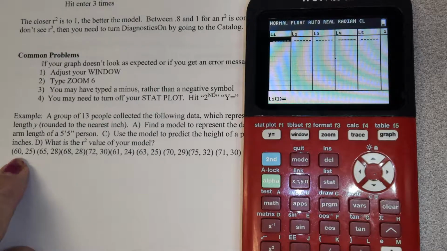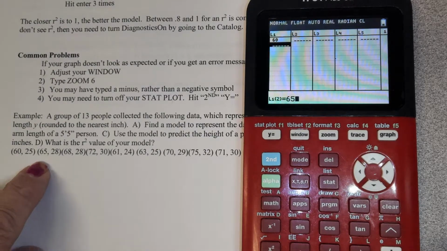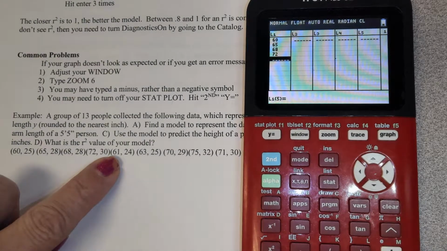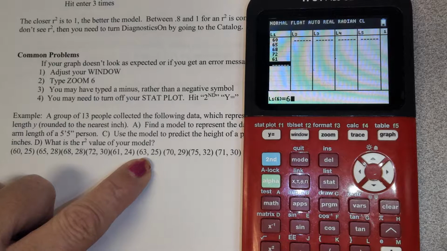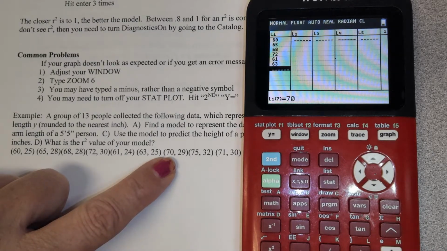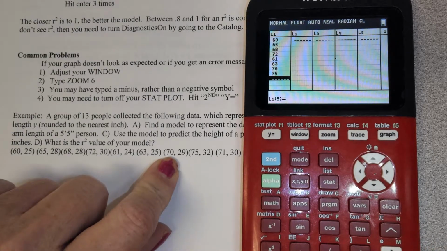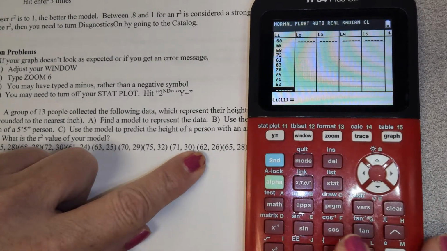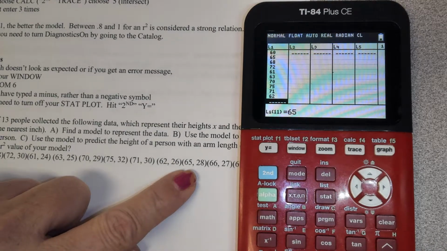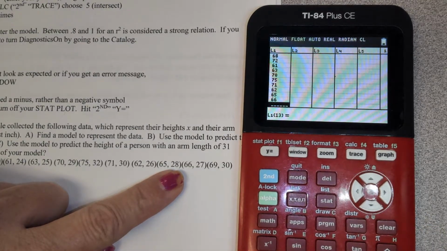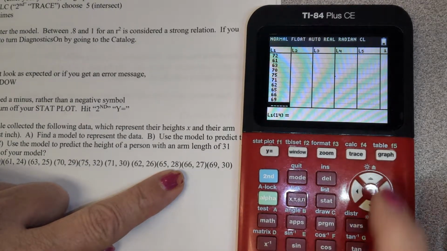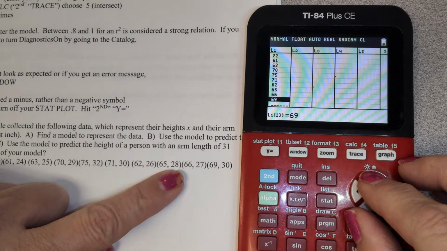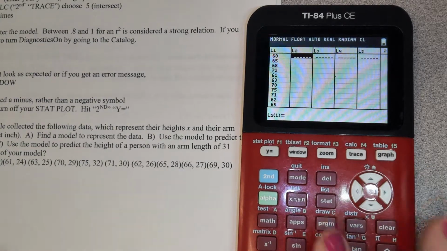So go ahead and put in all the x values. And you want to make sure that you have in the right number of x's. We have 13 people, so we should have 13 entries, and I do.